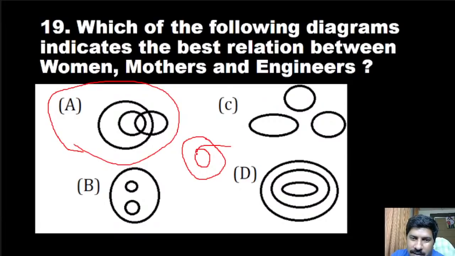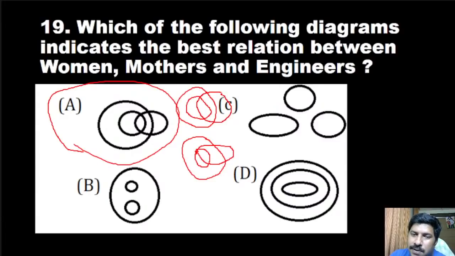Some mothers will be engineers also. So that is why the first one is correct. First circle is for women. Inside, all mothers are women, so there will be an inner circle. All mothers are women. Then some mothers are engineers, or some women are also engineers.